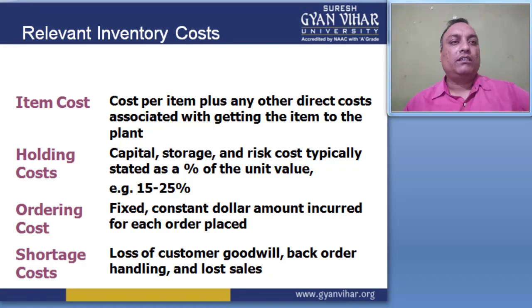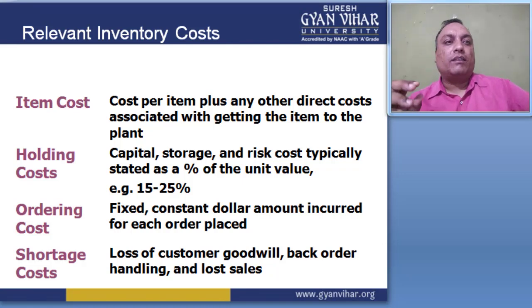Shortage cost is just like the loss of the customer's goodwill. Means sometimes some items are short in your company. So at this time you purchase this item immediately from another company. So you will take the item at a high rate.